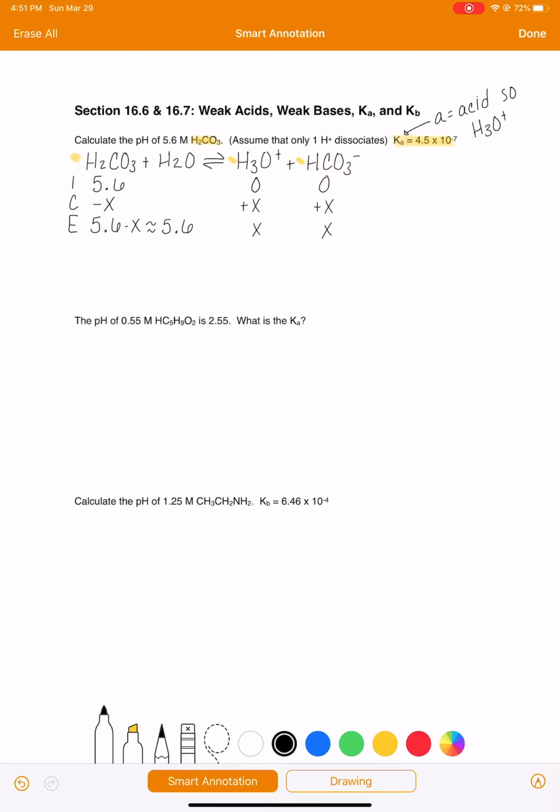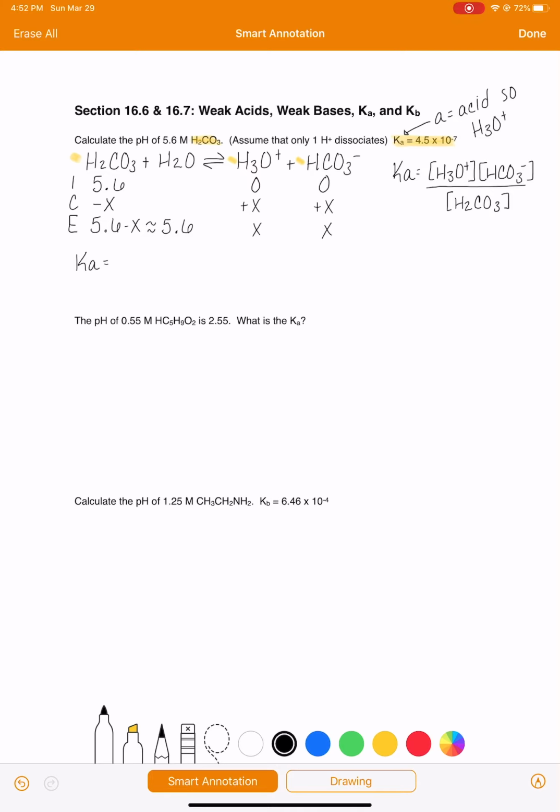The next thing that we have to do is write our equilibrium expression, Ka. Ka is our products, H3O plus and HCO3 minus, over our reactant, H2CO3, leaving out water because it's a pure liquid.